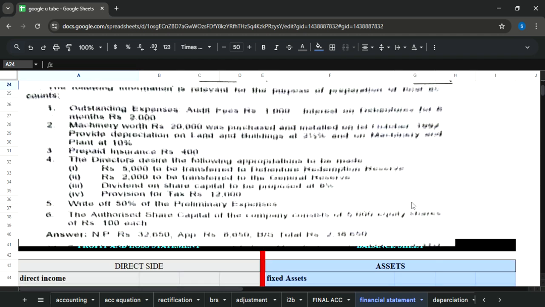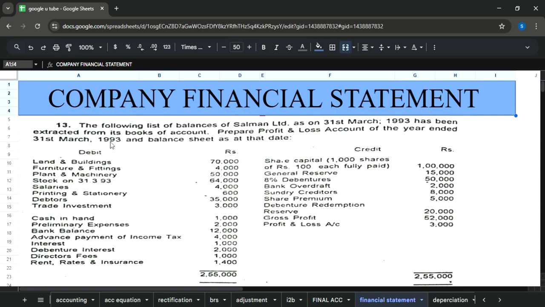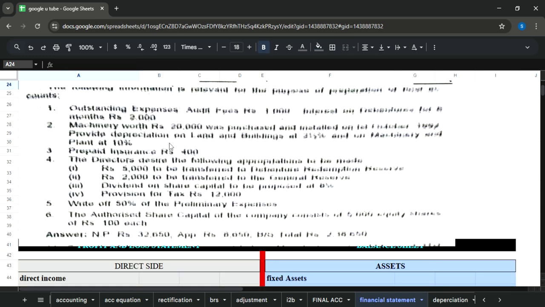Then we have a few adjustments related to this question, which means these are the amounts which were supposed to be present in the trial balance, but due to any reason, amounts were not included. And we are going to include amounts of these adjustments in the question.